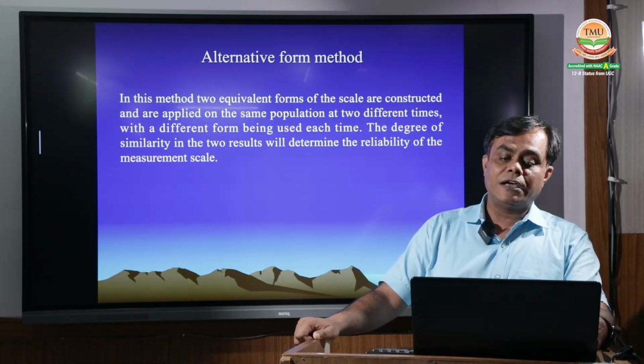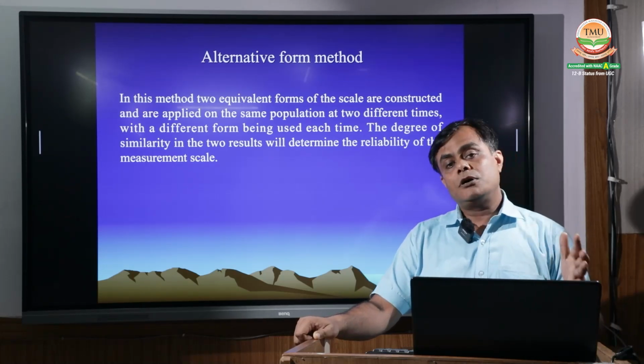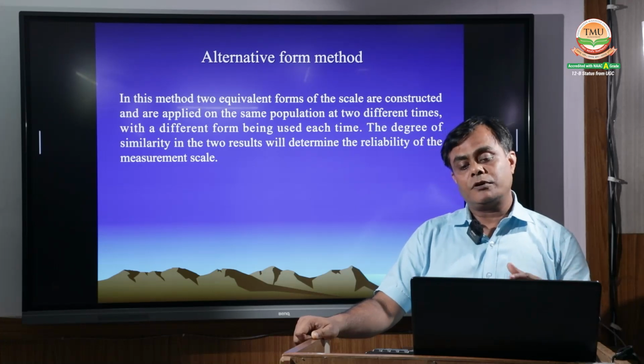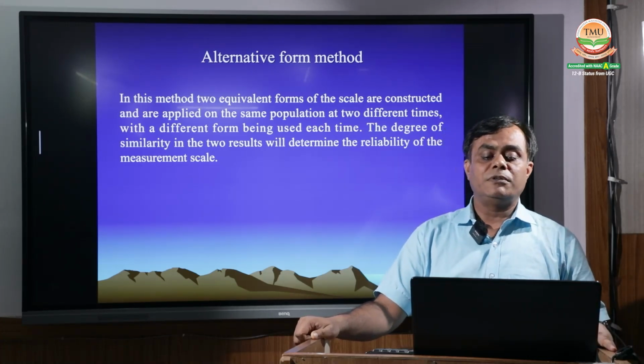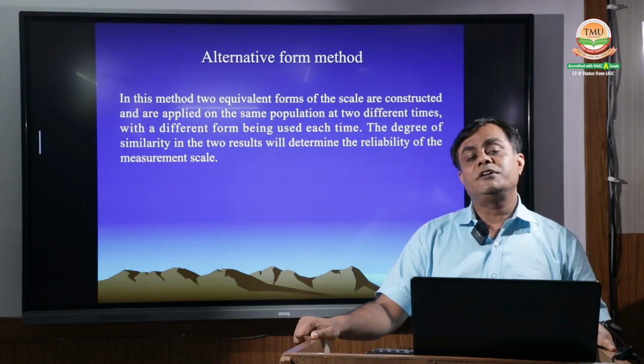Every form has certain differences. The degree of similarity in the two results will determine the reliability of the measurement scale.